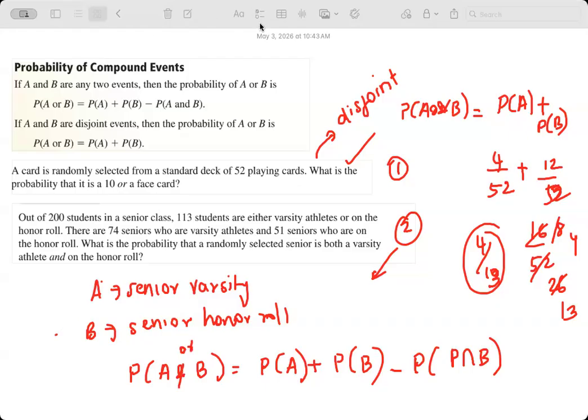Wait, let's see. What have they asked? One second, guys. I just want to see. The formula is for A or B, but what are they asking? We need to see. Okay. Now, what is the probability that a randomly selected senior is both a varsity athlete? Oh, so this is what they're asking. So what we need to find? What is A or B?